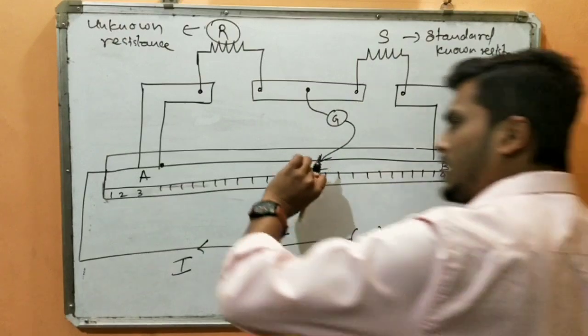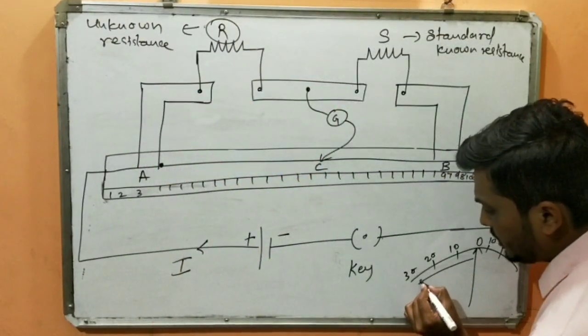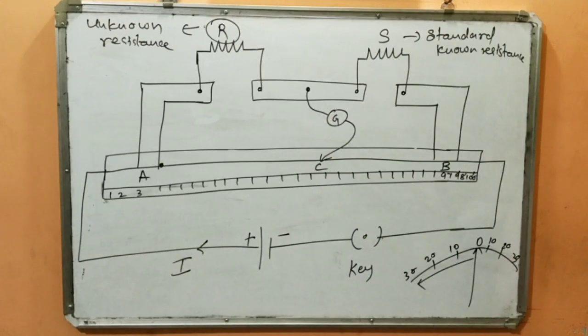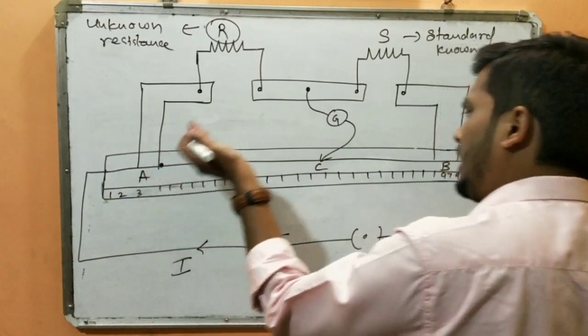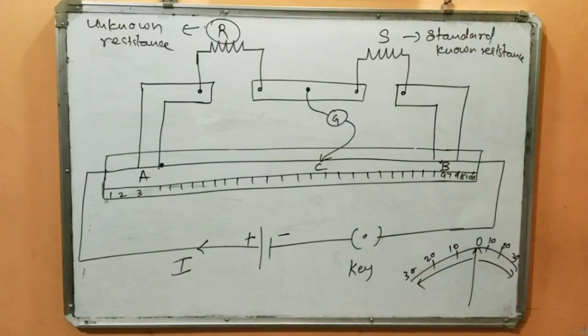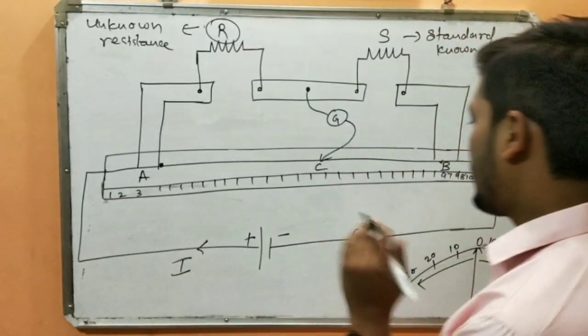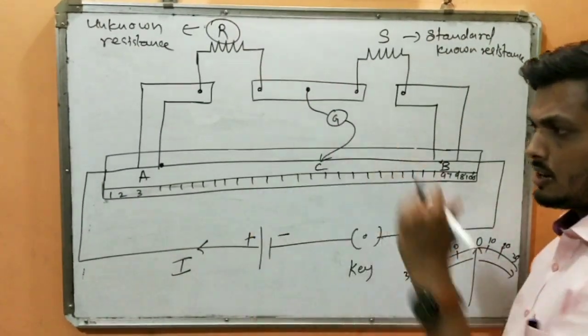Once I place my jockey here, I find that my galvanometer has deflected here. Once again if I lift it and bring it here, it has deflected here. What is it indicating? It is indicating that there is current flowing through this circuit.